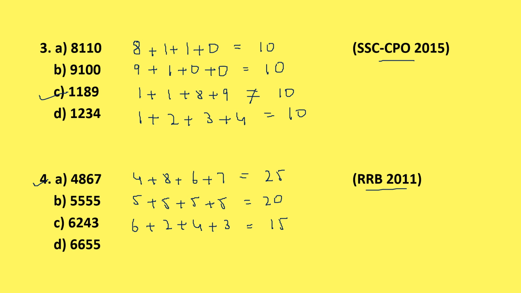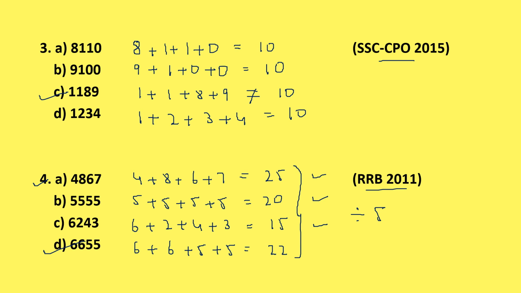And when we add 6 plus 6 plus 5 plus 5, it gives us 22. So when we look at the sums, they are not the same. That means the criteria must be something else. If we look at the sum of option A, B and C, we find that they are all divisible by 5. But the sum of option D is not. So we go with option D as the answer to this particular question.